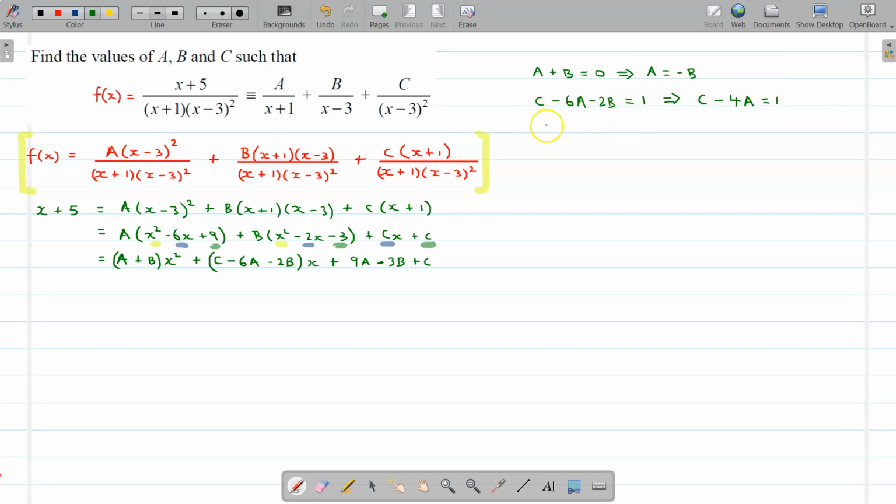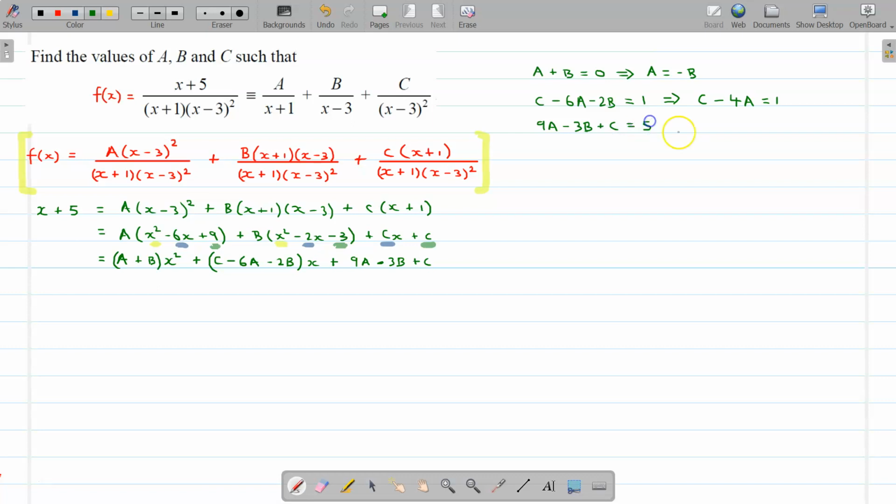And now I'm going to look at my third one, which is that 9a minus 3b plus c equals 5. So let me just write that down: 9a minus 3b plus c equals 5.